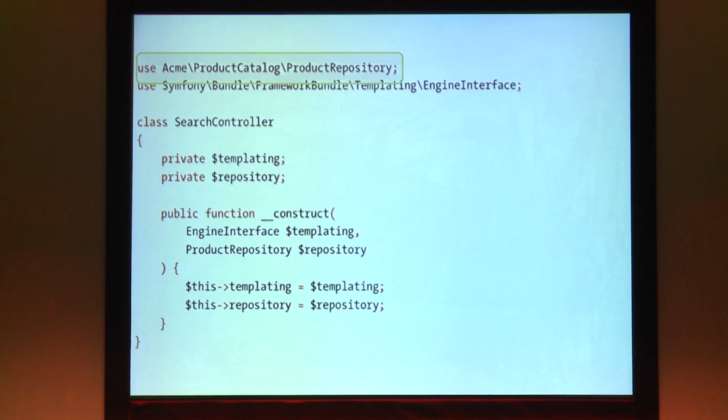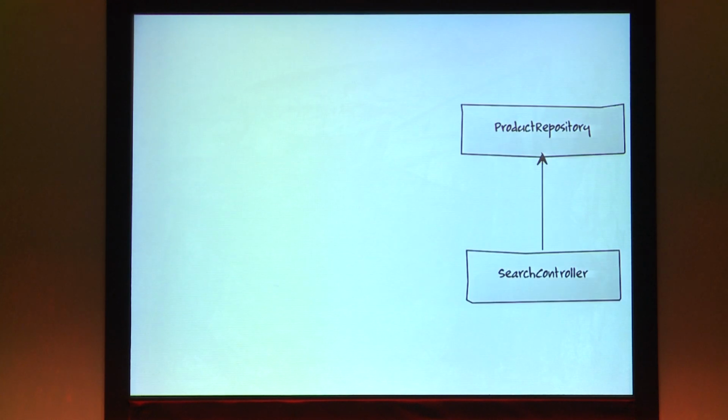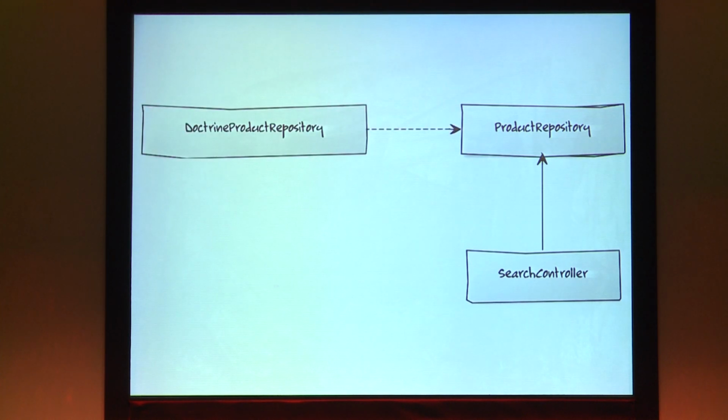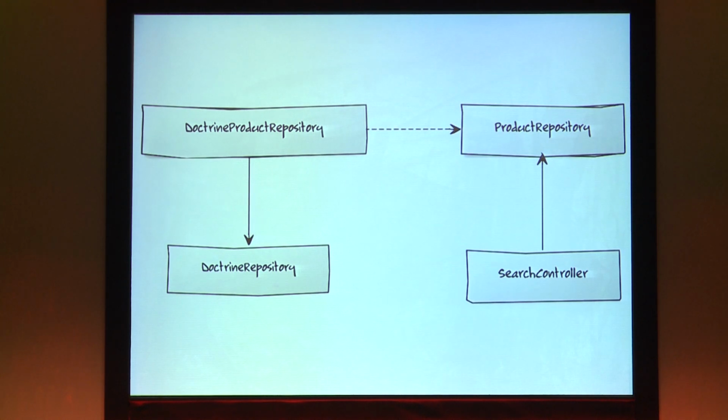Doctrine is going to implement it, but that's a detail. This way you can easily replace it with some other kind, with Elasticsearch or whatever. So it looks like this: our search controller uses the product repository, which is an interface, and Doctrine is going to implement it. Our repository is going to use the Doctrine repository to implement this thing.